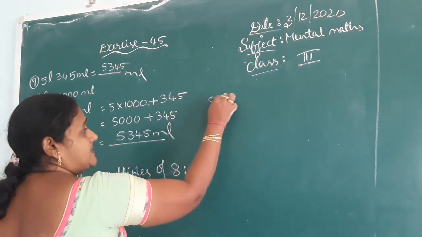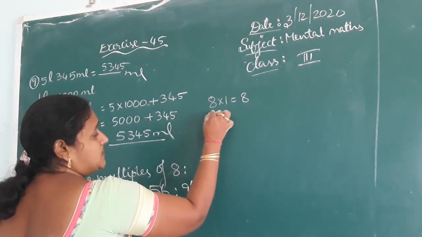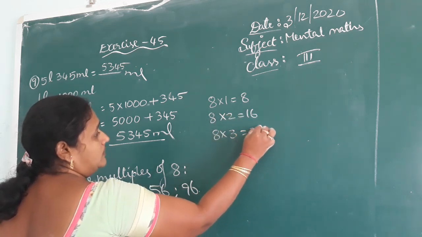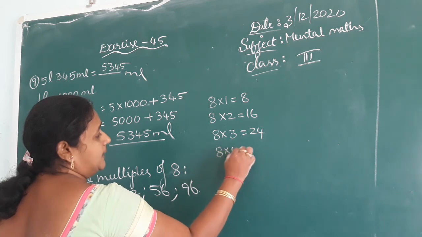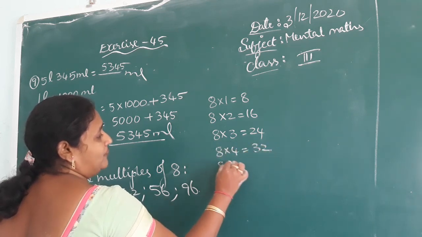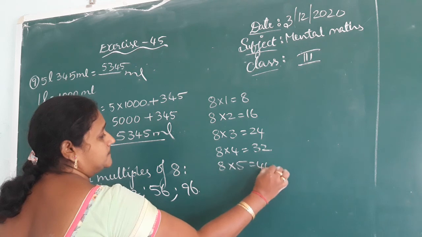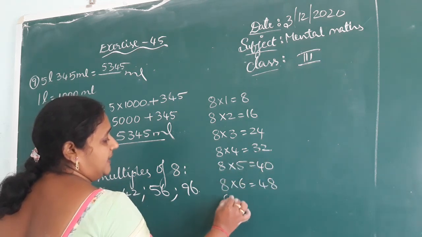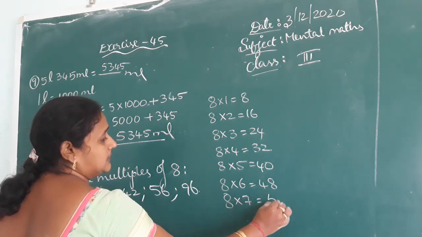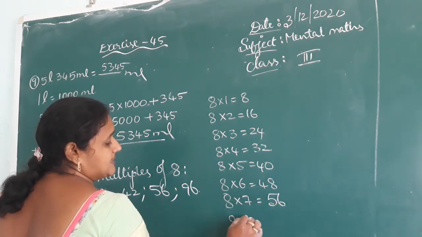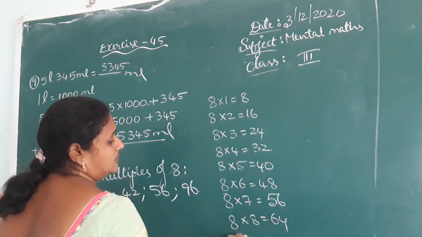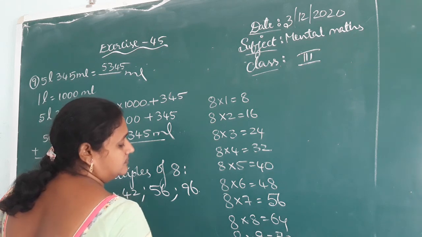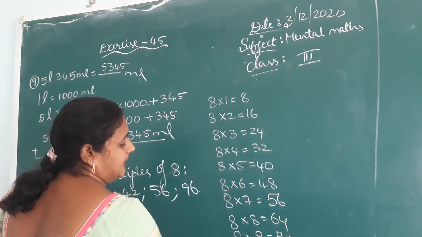8 ones are 8. 8 twos are 16. 8 threes 24. 8 fours 32. 8 fives 40. 8 sixes are 48. 8 sevens are 56. 8 eights are 64. 8 nines are 72. 8 tens 80.